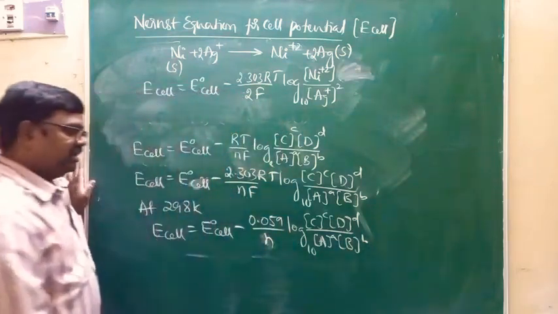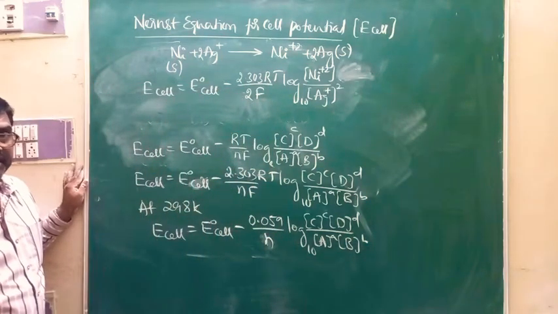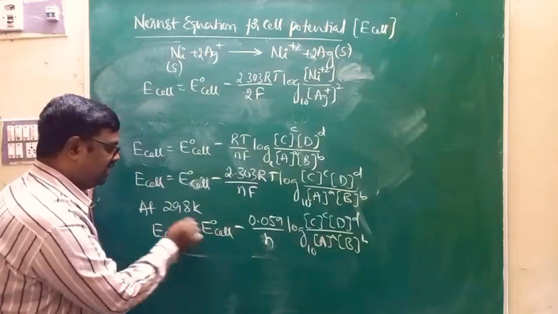This is also an expression for the Nernst equation, that is the cell potential, and of course at 298 kelvin.